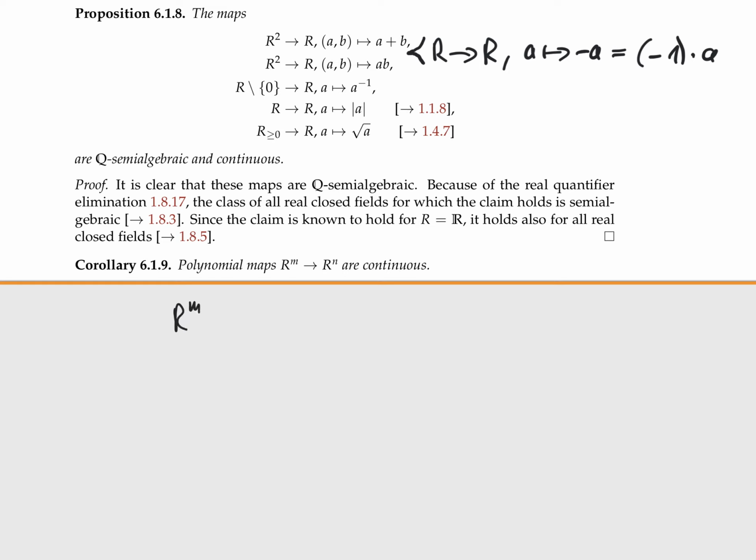And I look at a polynomial map from R^m to R. Now, let's start maybe with simple such polynomial maps, the ones which are given by x1, x2 up to xm, by these polynomials. Well, that's just the projections, right? So y is, for example, the ith projection pi, and this is continuous.